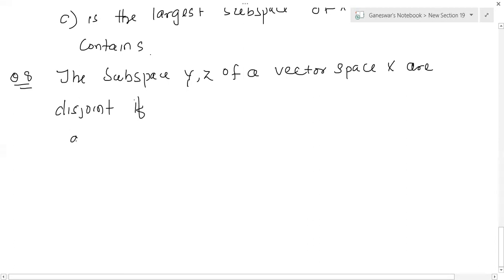The first option is that Y intersection Z is equal to 0.